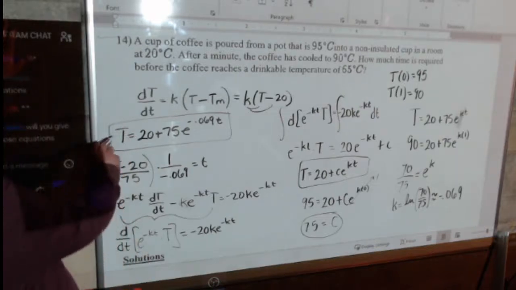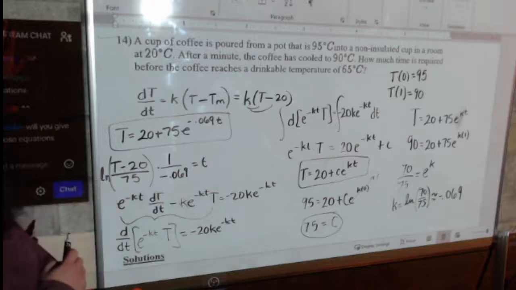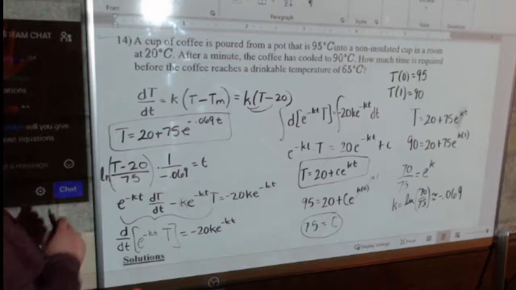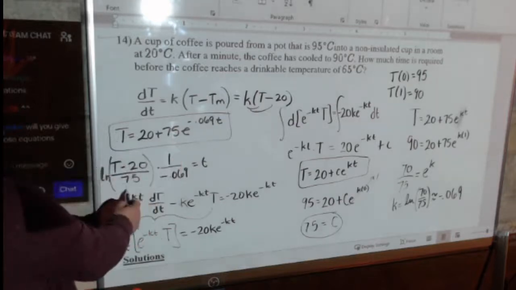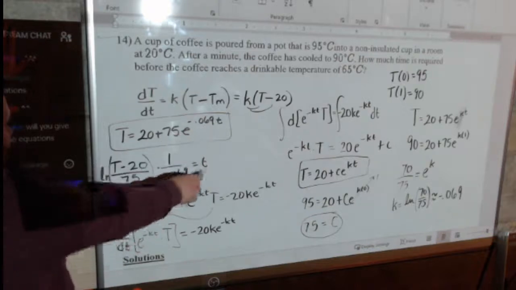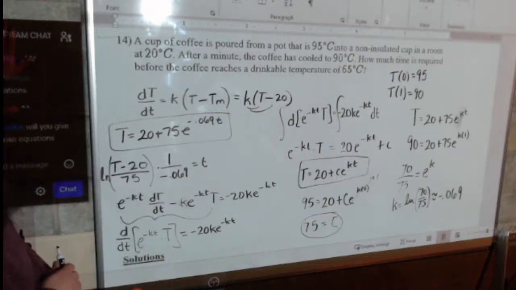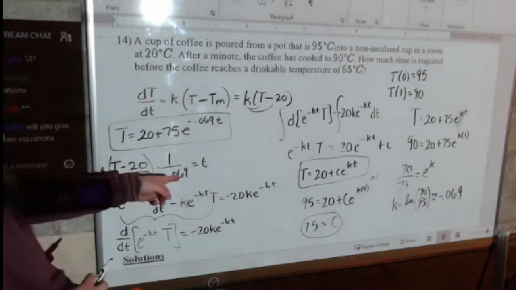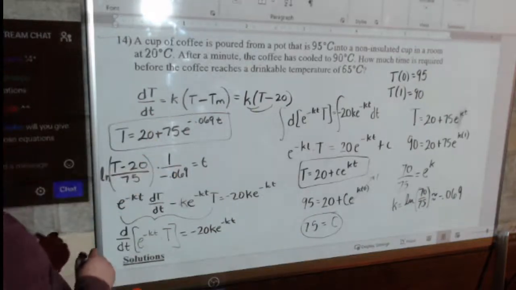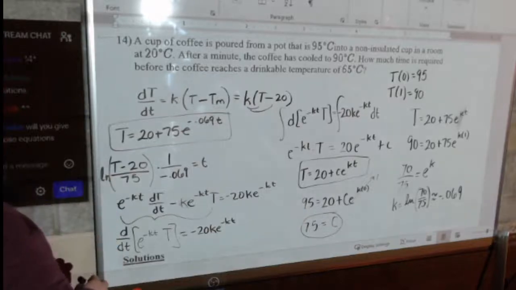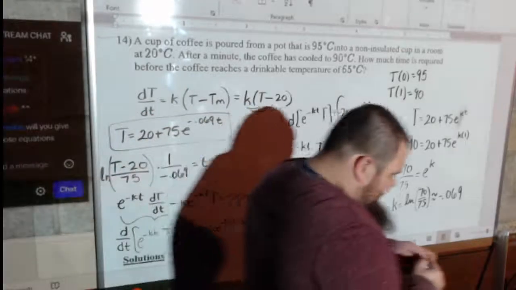Alright, so all I did was just solve this equation for time t. I subtracted 20, divided by 75, took log to get rid of the e, divided by that number to get t. So now if I want to know what's the time for it to get to 65, well, I can just plug 65 into this equation right here, and let's see what that is.